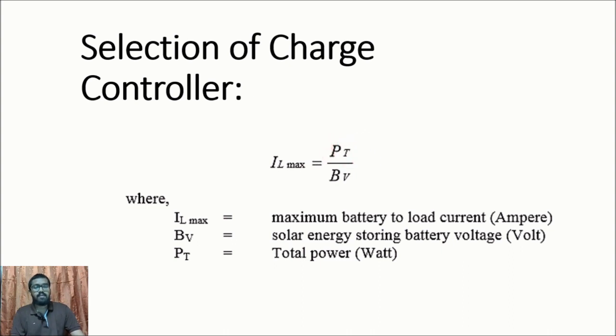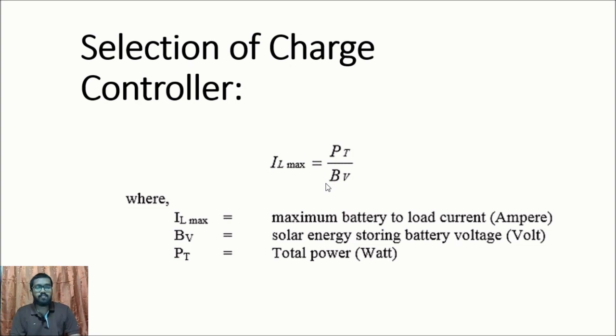That means you don't have to consider the daily use hour. So you have to sum up all the rated power you have in your home, and BV is the battery voltage, that is 12 volt. So we can get IL max easily.